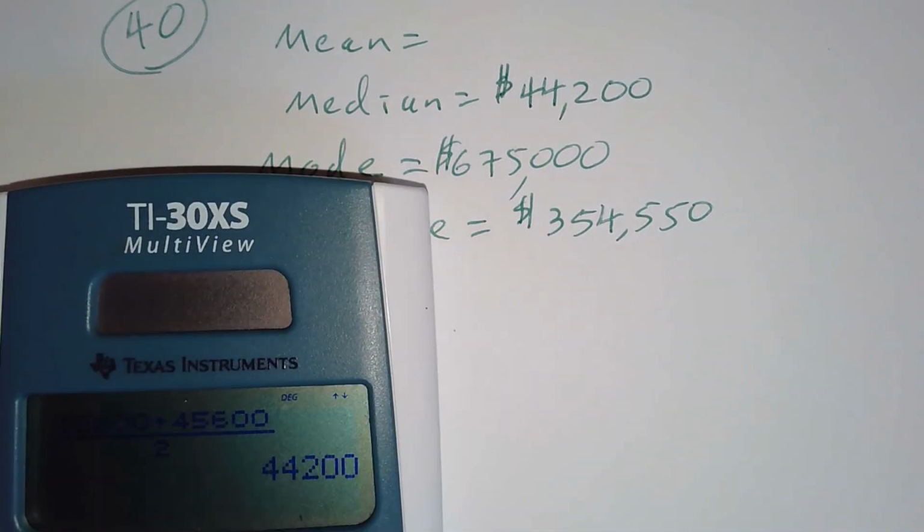And finally, we get the mean. We need to add all 6 numbers up and divide by 6. So I'm just going to add these numbers up.